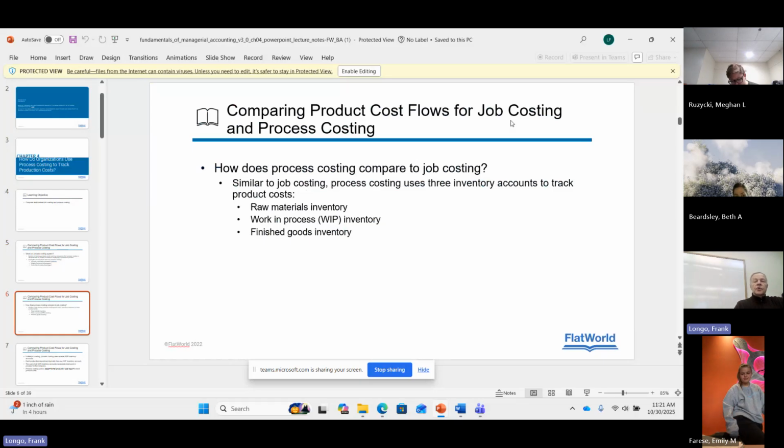Well, let's compare it to job costing. In both of them, we have raw materials inventory, so we have an account for that. In both of them, we have work in process inventory. We have an account for that. And in both of them, we have finished goods inventory. Obviously, we have an account for that.